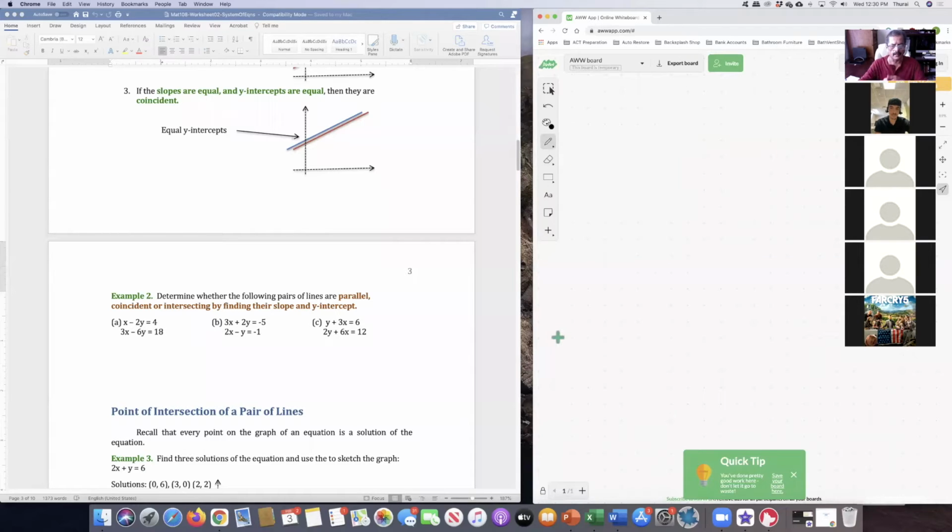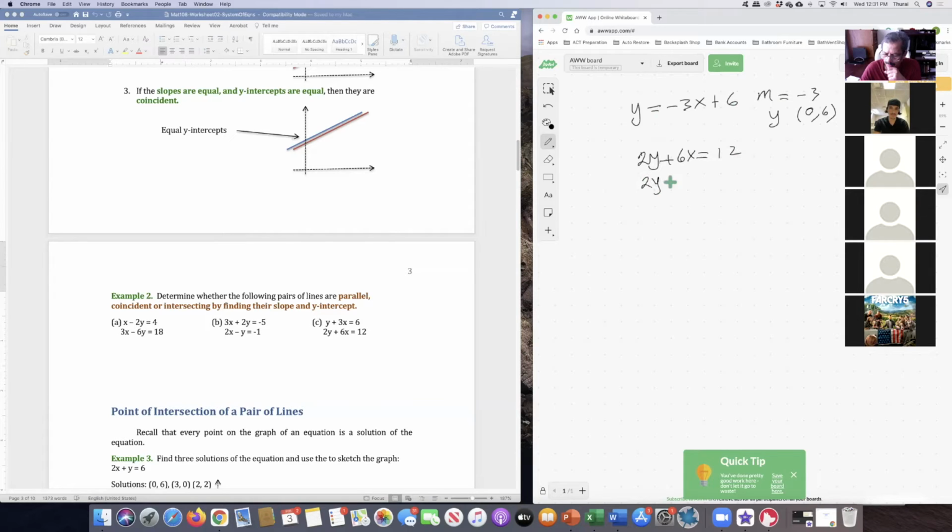Okay, let me show you why. I'm rearranging the first equation, y equal to minus 3x plus 6. So the slope is minus 3, m is minus 3, and the y-intercept is (0, 6). And now take the second equation, 2y plus 6x equal to 12.